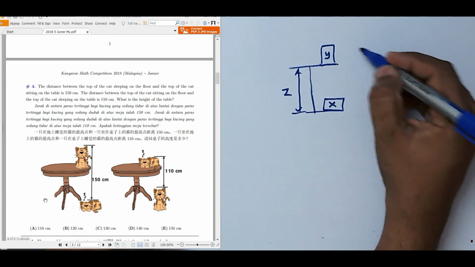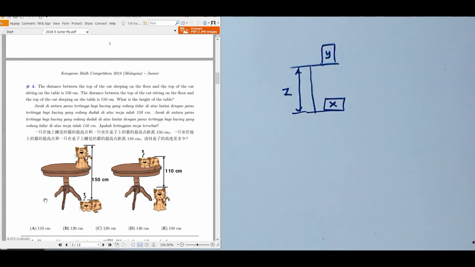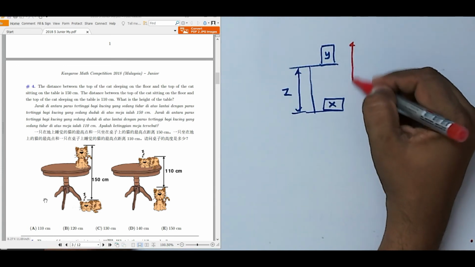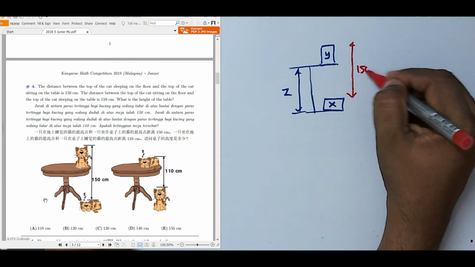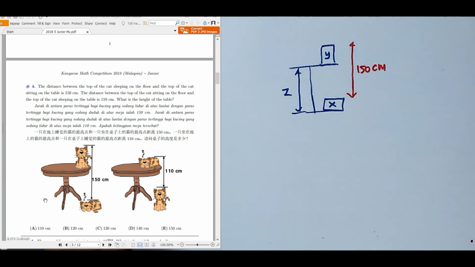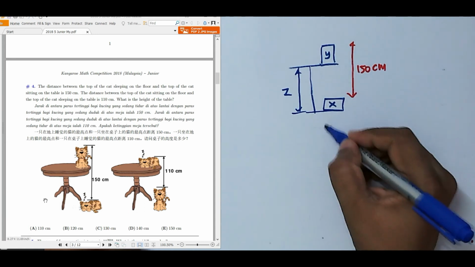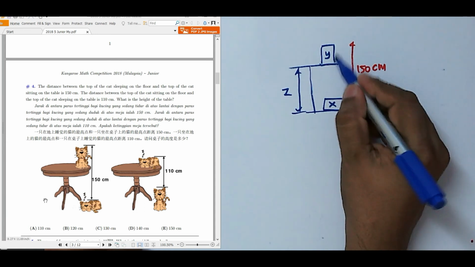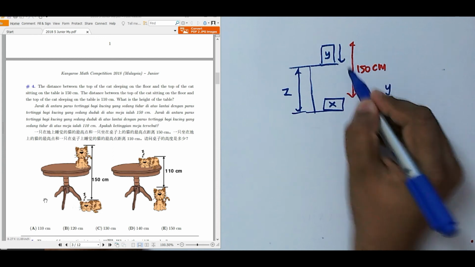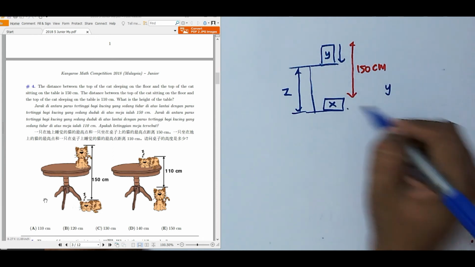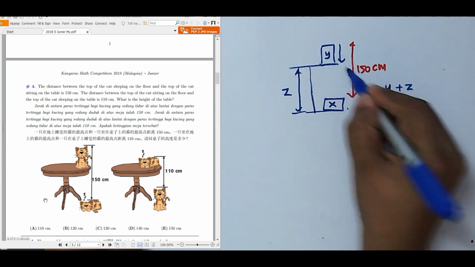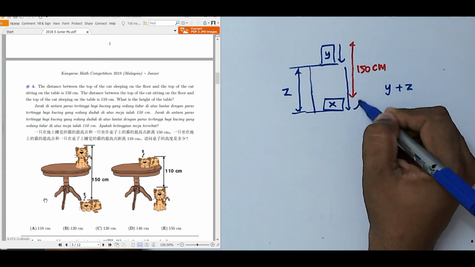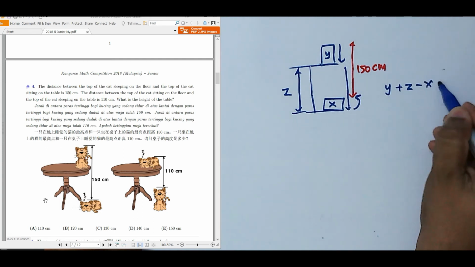According to the first picture, from here to here is 150 centimeters. So we create the equation: y plus z, up to here, and then minus x, equal to 150.